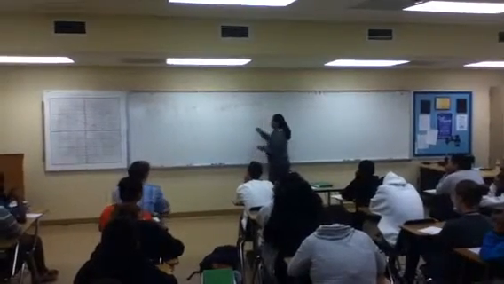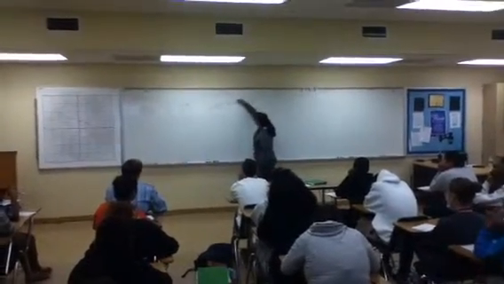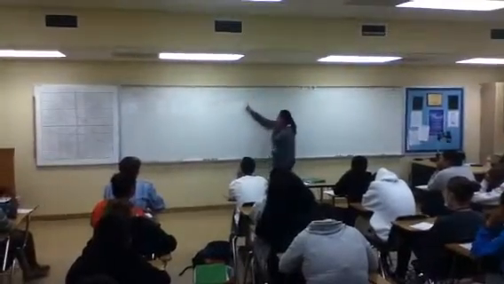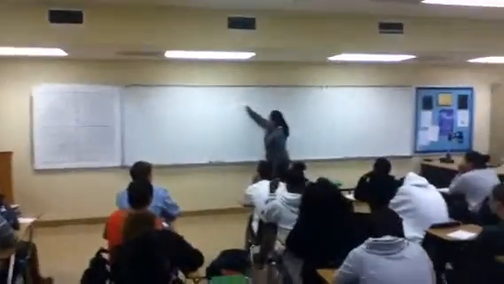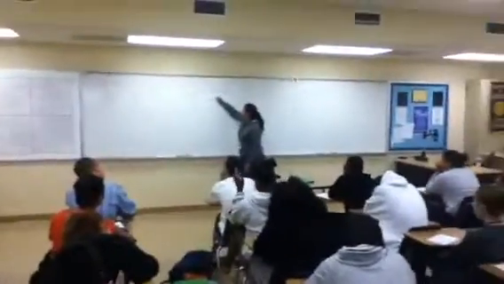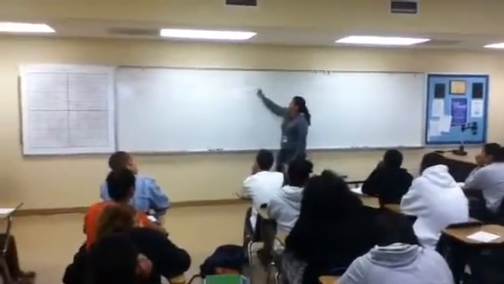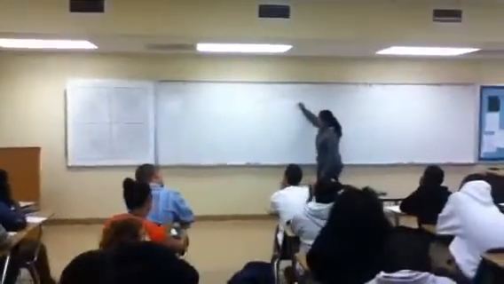So we have to distribute this 2 to each term inside the parentheses. Then we'll get 3x plus 4x minus 4 equals 17.